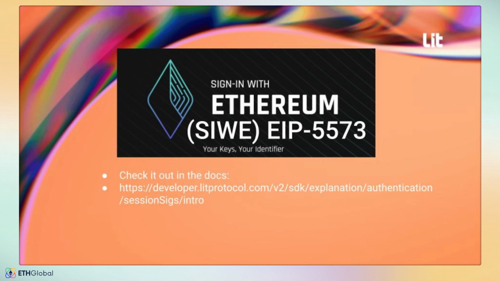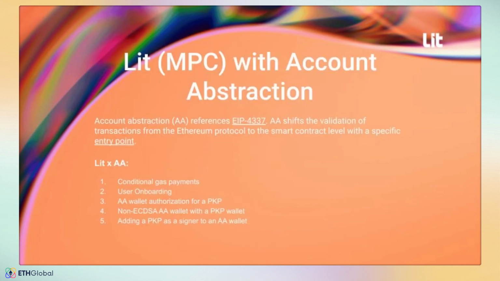Moving on, we're going to go over how to use account abstraction and Lit. Account abstraction refers to EIP 4337, where AA shifts the validation of transactions from the Ethereum protocol to the smart contract level, unbundling signing from transactions.